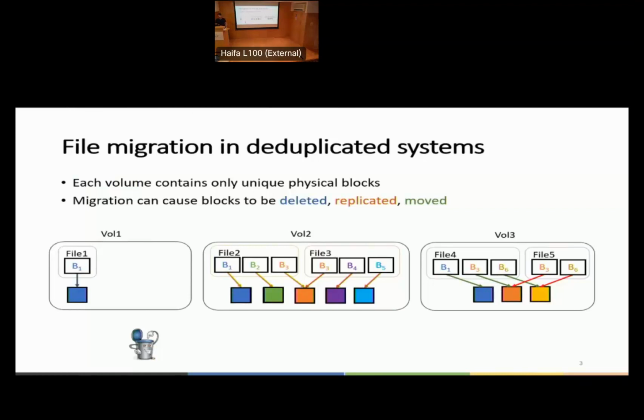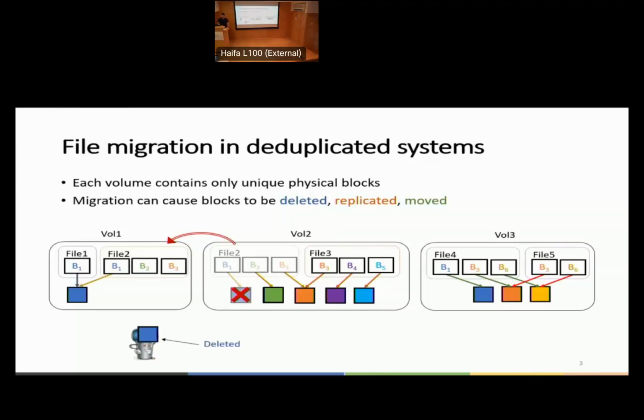We'll first look at B1. B1, the blue block, is a part of file 2, so we need to move it to volume 1. But because file 1 already has this block, we don't need to move it. We can just use the same block that already exists on volume 1. So the blue block B1 from volume 2 can be deleted.